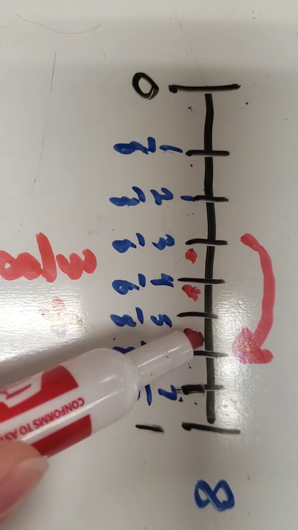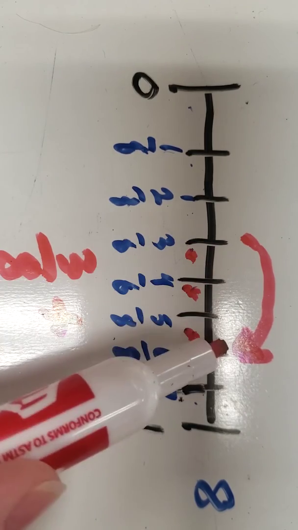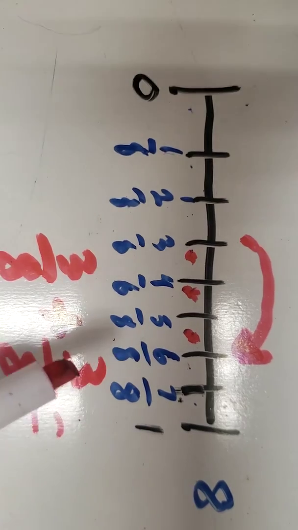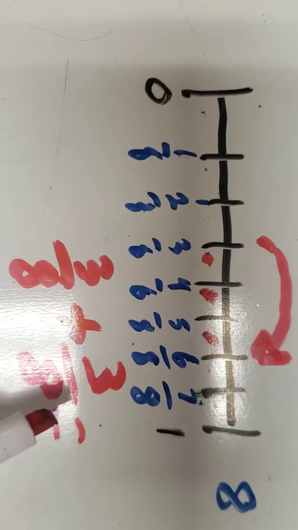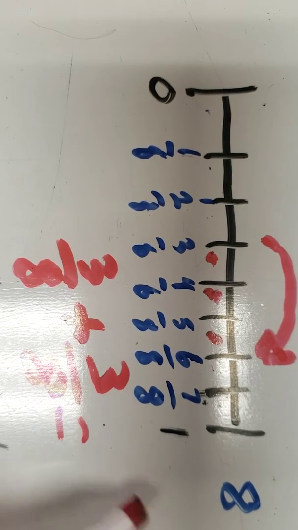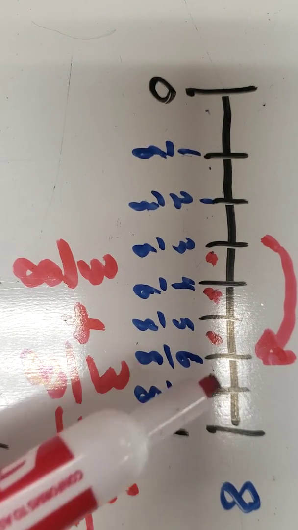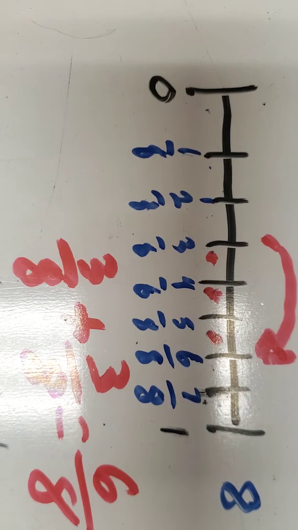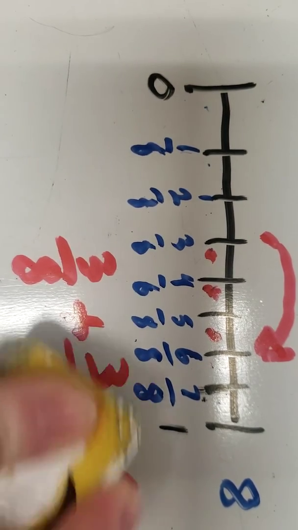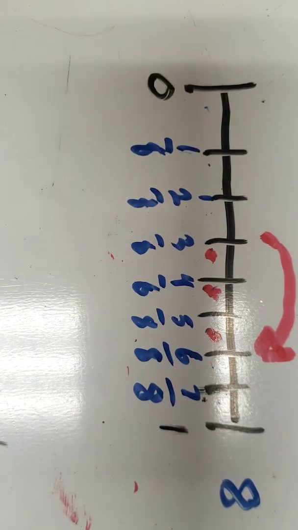Because I have 3 spaces between where it starts and where it stops, it's going to be another 3/8. So I'm going to take 3/8 plus 3/8, and that answer should give me 6/8, which is right where my arrow ends. Now I'm going to erase that problem so we don't get it confused with the other one that we're going to do next.